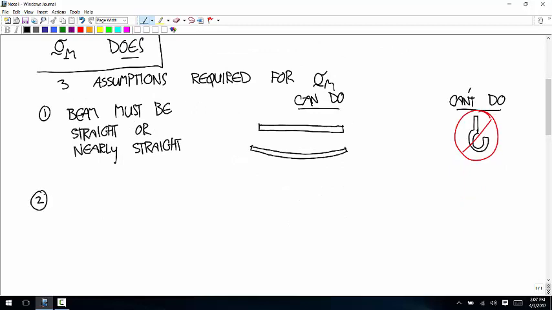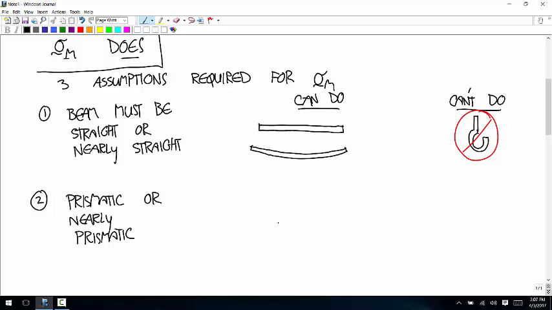Then the second assumption is that it has to be prismatic, or nearly prismatic. Prismatic means the cross section is the same the whole way along.